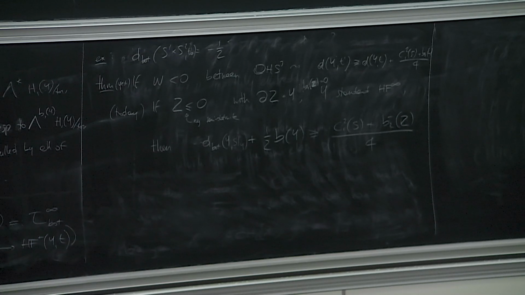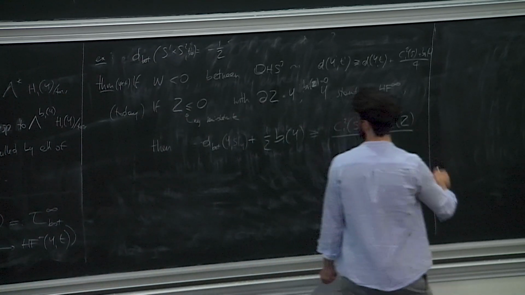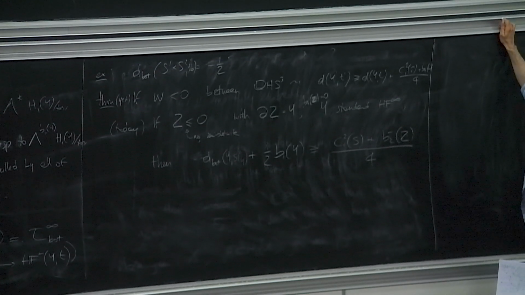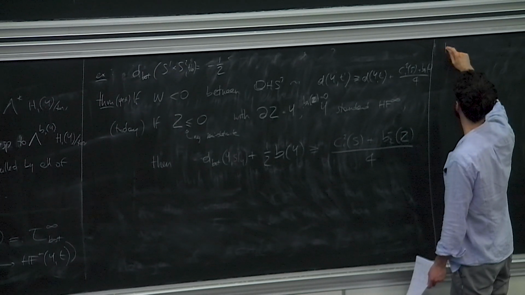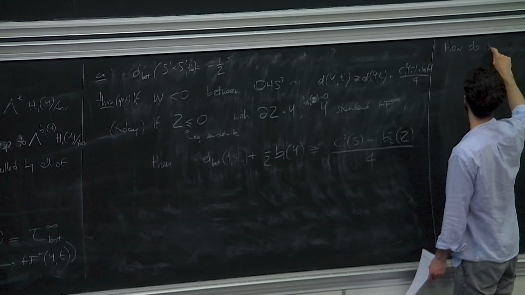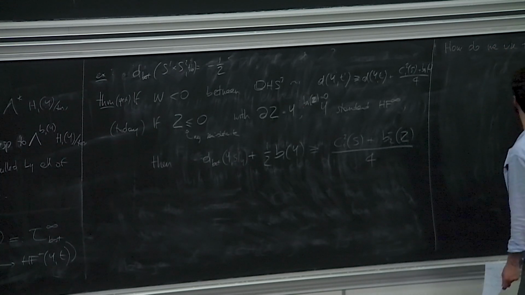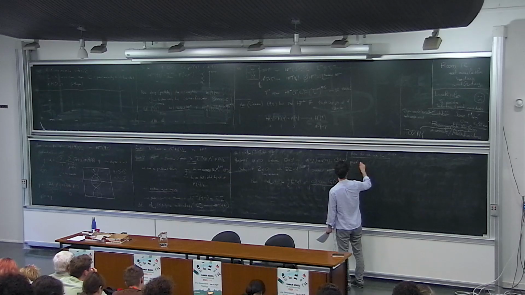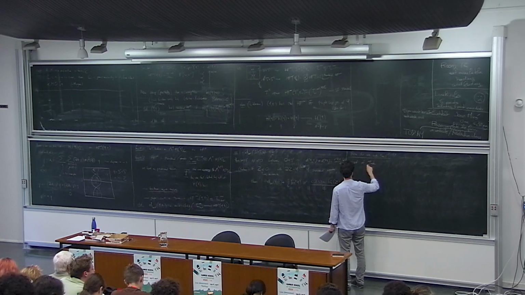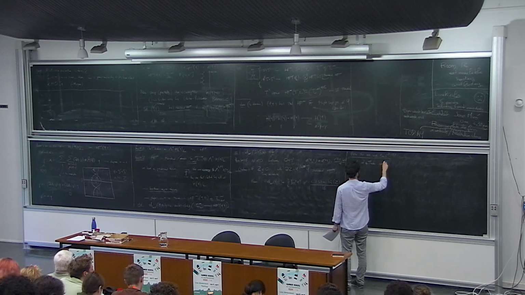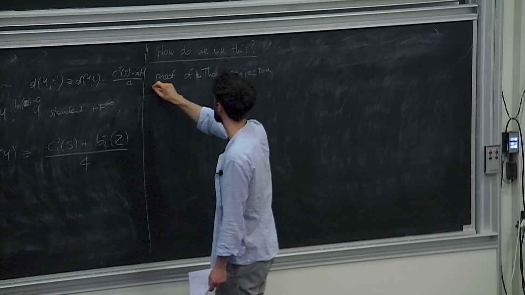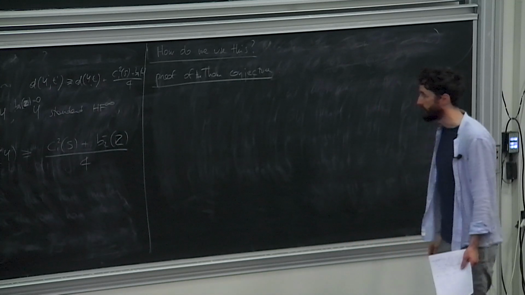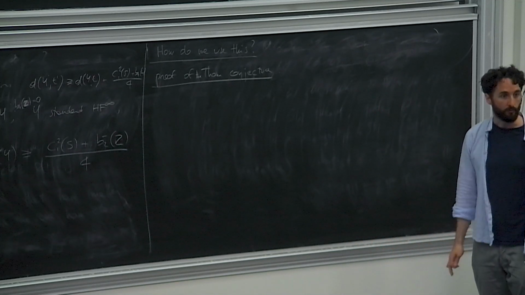Right. So back to the question that, of course, I just erased: how do we use this to prove something? Let me try and give an overview of how to prove the Thom conjecture using these tools.